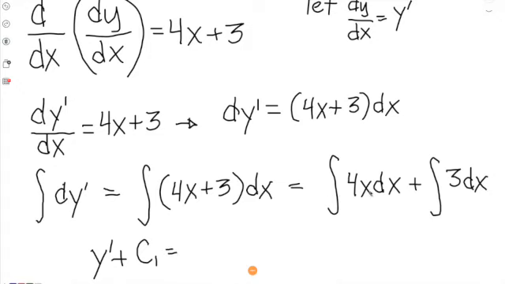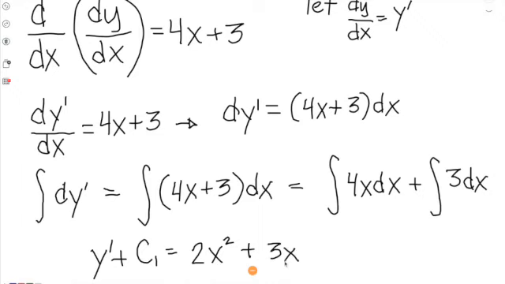So for this, this would be x squared over 2, so we will have 2x squared plus, this would be 3x.